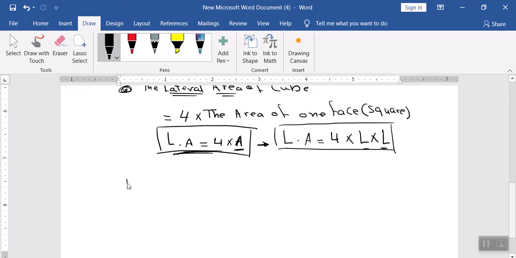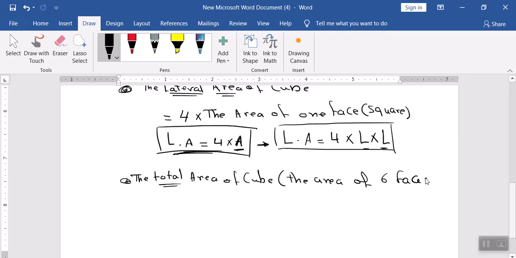The total area of the cube. Here we have 6 faces. Okay, so it will equal 6 times the area of one face.